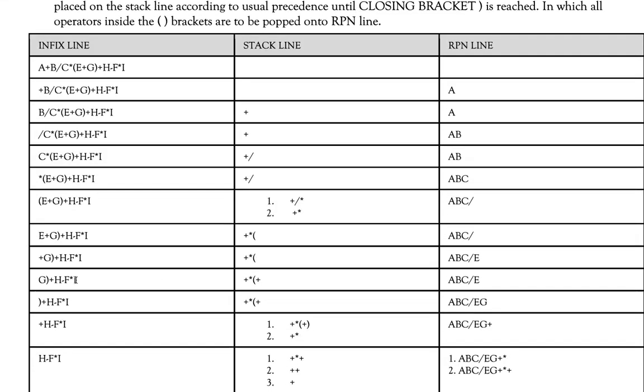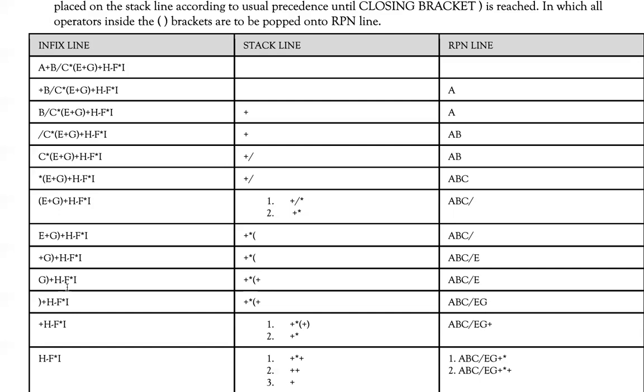Do you notice that after my bracket close, the bracket statement is finished? You can say that this E plus G statement within a statement is finished. So once I have a closed bracket over here, what I do is simply pop everything that is enclosed inside these two brackets. You notice that there is only this plus sign that came after the bracket open, and now the bracket is closed.